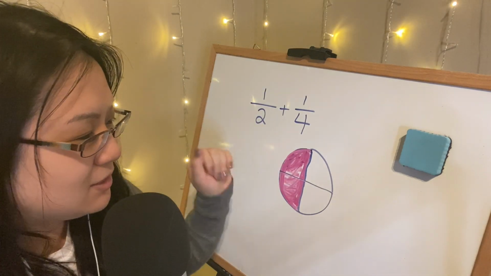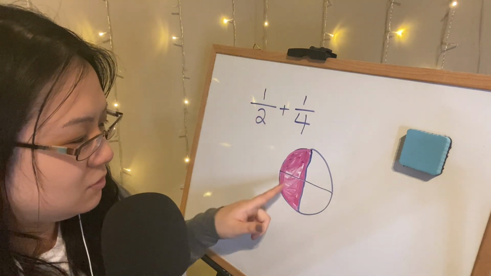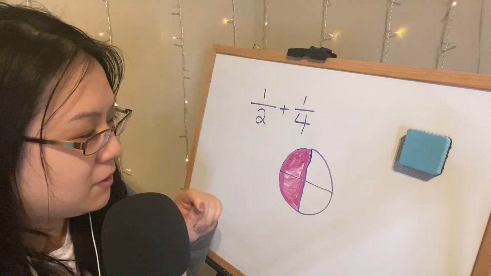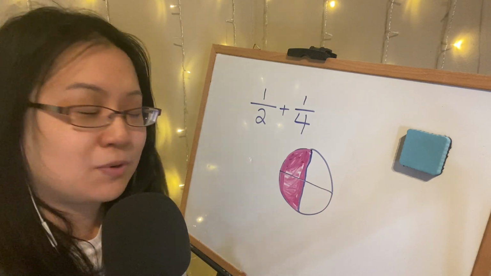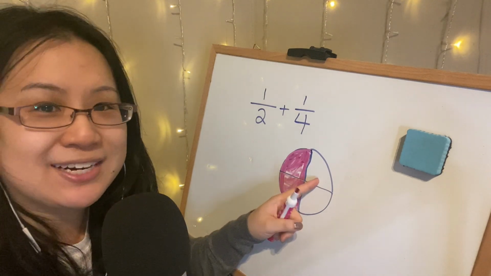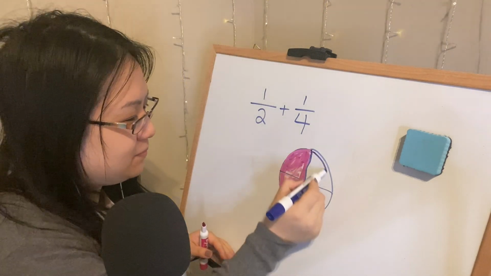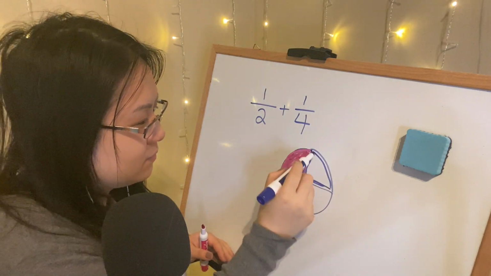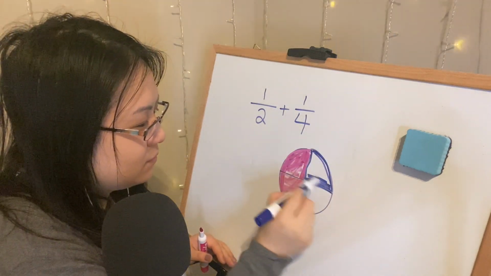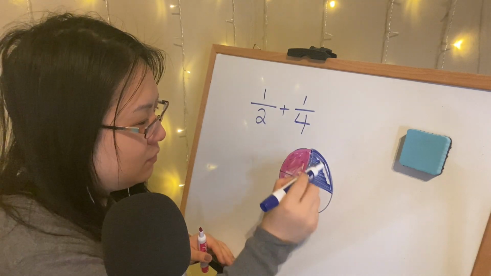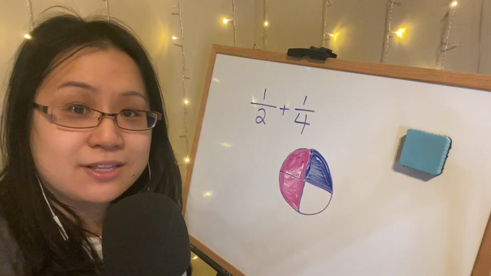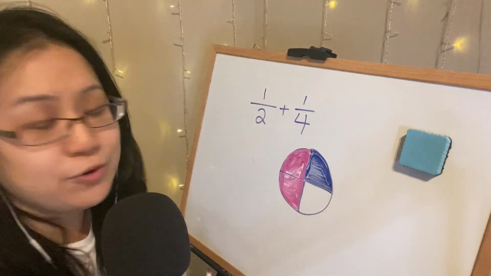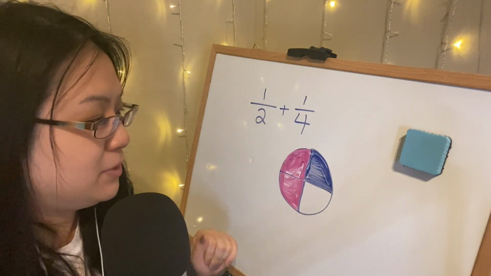So in this case, if I do the 4 pieces, 1, 2, 3, 4, I can color in one of those 4 pieces for 1/4. So I'm going to color in this one. You see that? So I have no overlap between the pink and the blue.